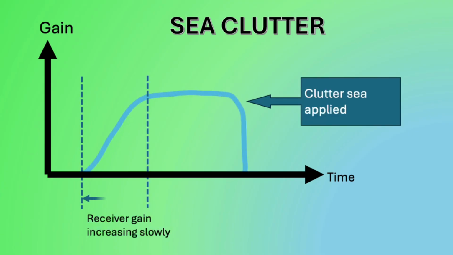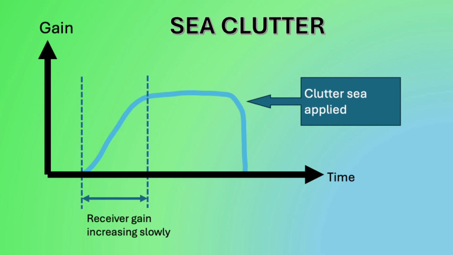Then it starts to increase slowly, up to its normal level. Normally echoes reflected from sea waves return first, because these waves are closest to the ship. At that moment, receiver gain is low, therefore sea wave echoes are not amplified by the receiver and not shown on the radar screen. The radar picture at short distance becomes clearer.